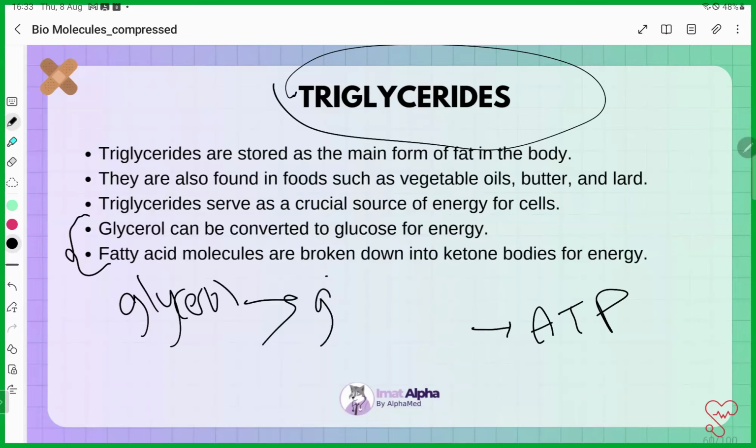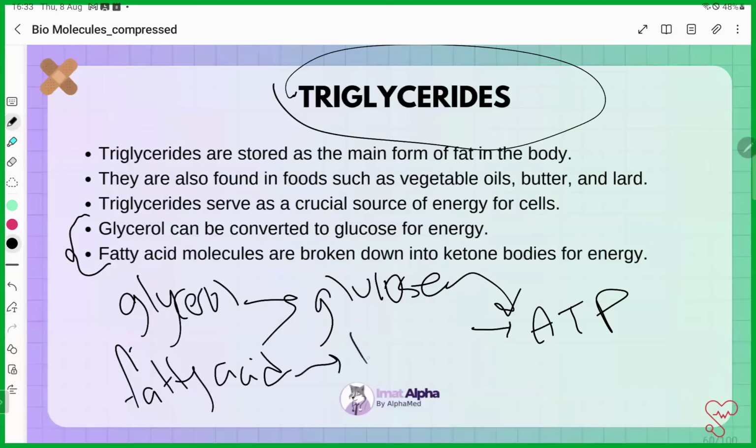And then the glucose will undergo glycolysis, reaching the ATP molecule. However, the fatty acids, when they break down, they form ketone bodies, and these ketone bodies undergo a kind of process to produce ATP. Okay, so each part of the triglycerides undergo a certain process in order to end up with a good energy source of the body.